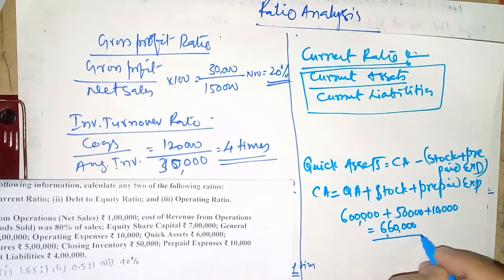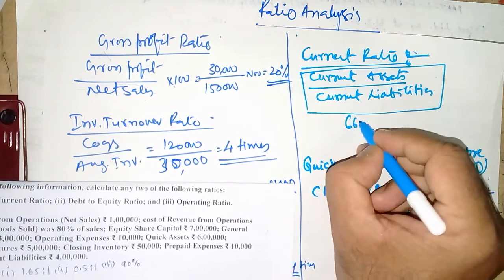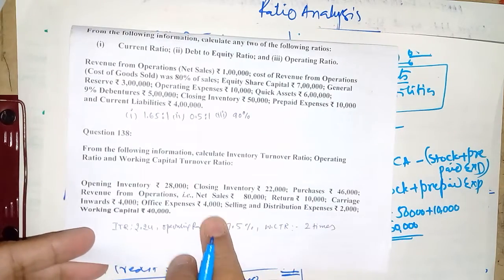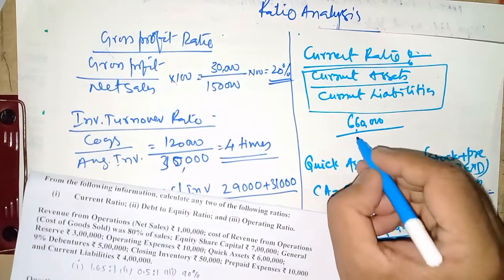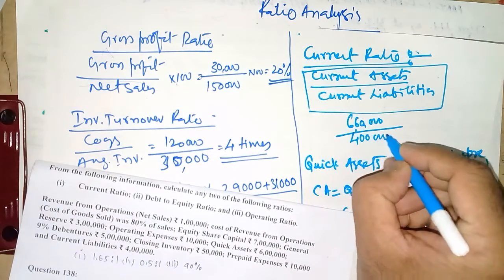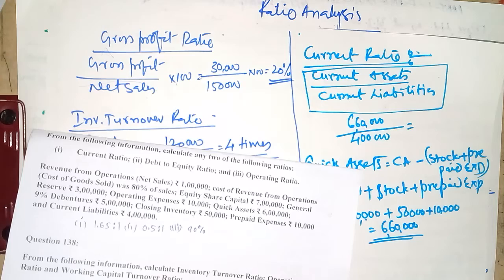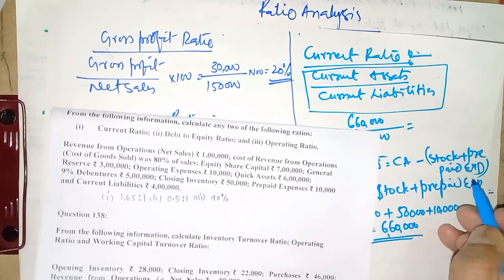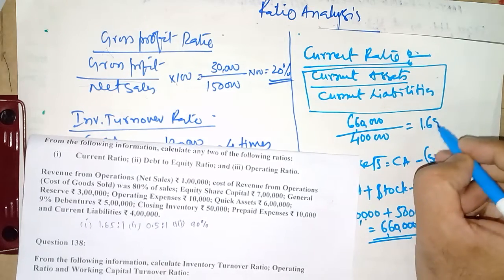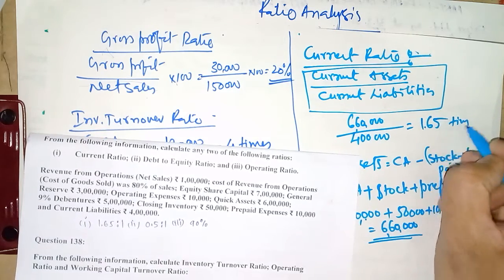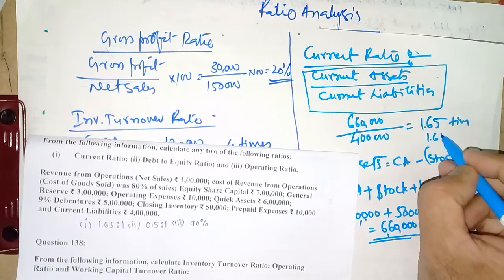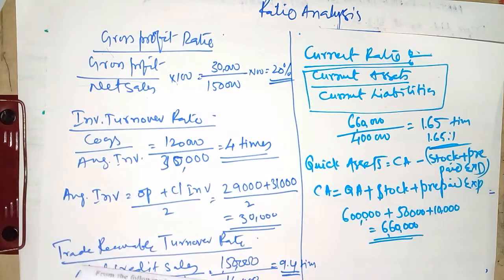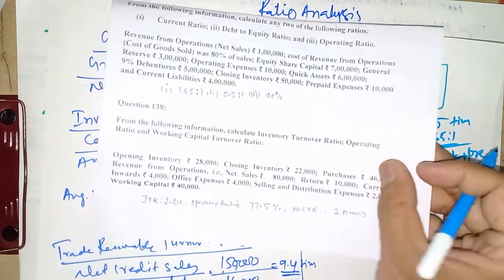So this is our current assets, divided by current liabilities directly given in the question, that is 4 lakhs. So 660 divided by 4 lakhs is equal to 1.65 times, or 1.65 is to 1 also we can write. So current ratio is 1.65 is to 1.